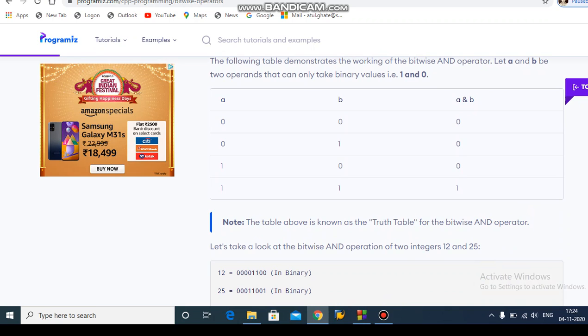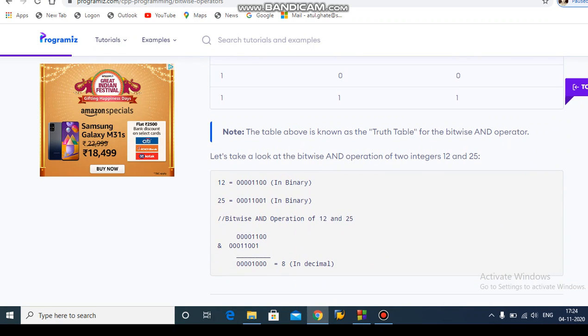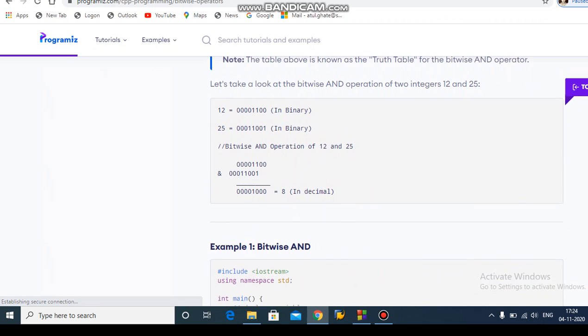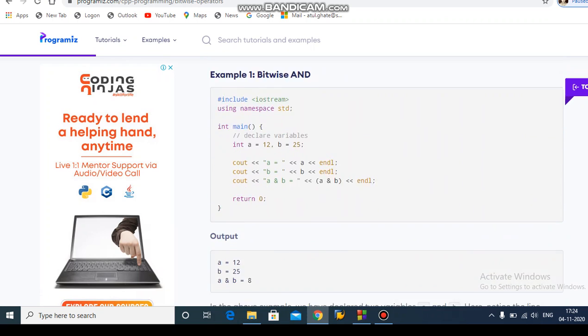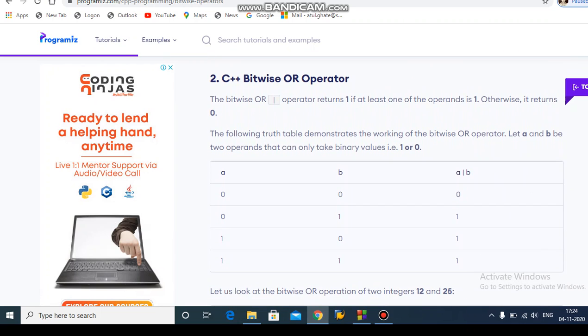Let's see the example. In this example I will give you a detailed explanation of the bitwise AND operator. We will discuss it in the next lecture. Next we will see the next operator, the C++ bitwise OR operator.